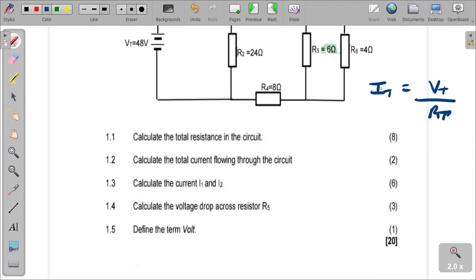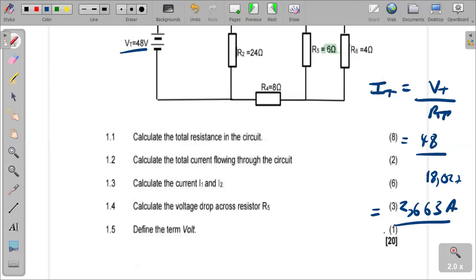So we can simply substitute what we have. What is our V total? 48 is given at the source, divided by R total. What did we calculate as R total? We got 18.027. If we punch that on the calculator, it gives us 2.663 amperes. That marks our total current.